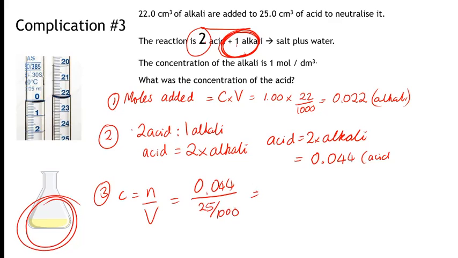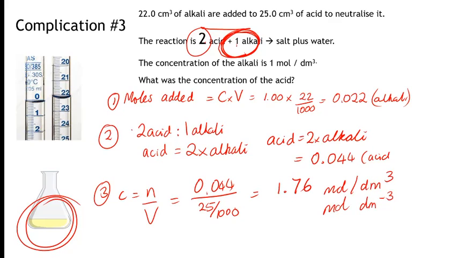So I reach for my calculator, and 0.044 moles divided by 25 divided by 1000. That's 1.76. And again, moles per decimetre cubed, or moles dm to the -3.